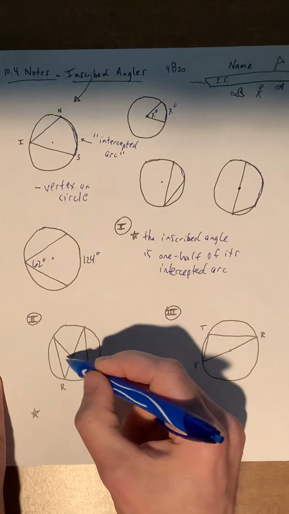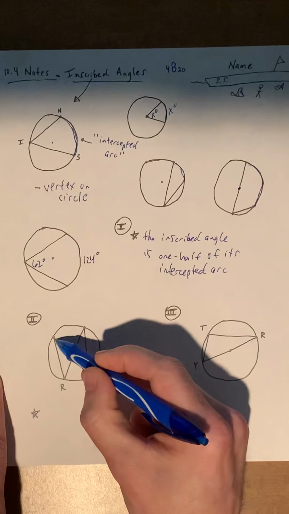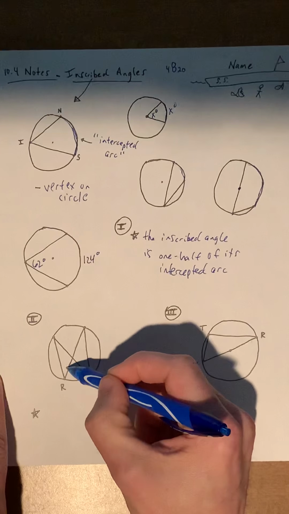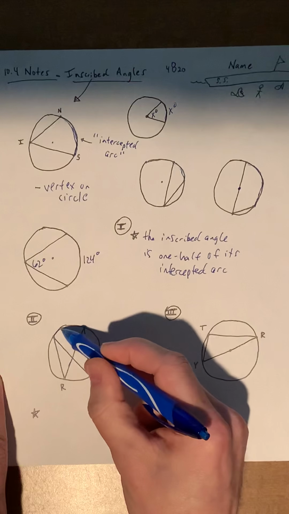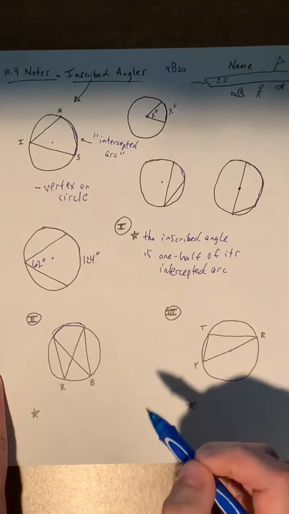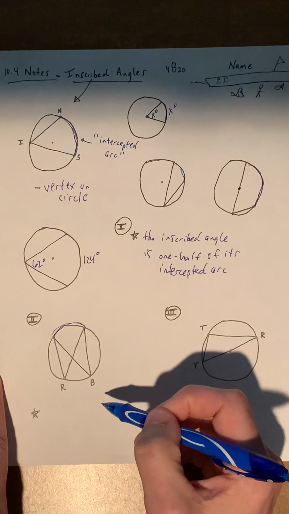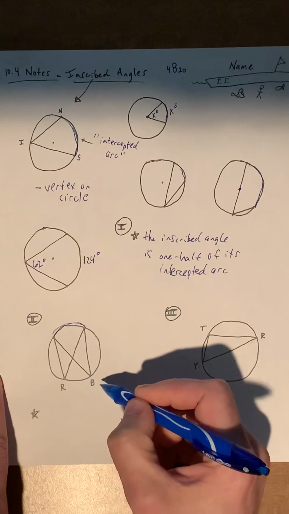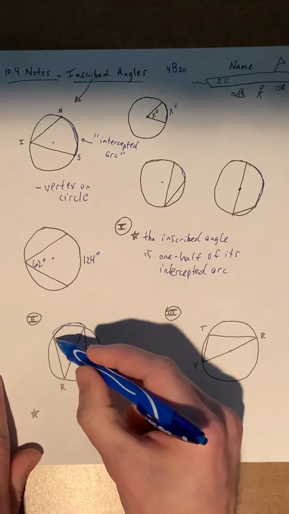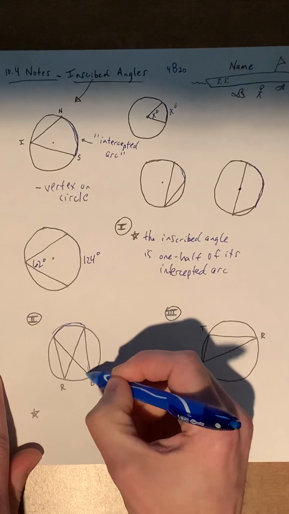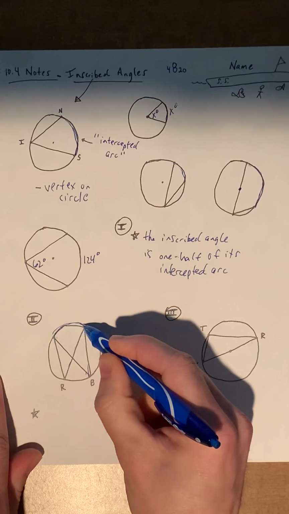Now, if you look at each of these intercepted arcs, here's angle R, inscribed angle, and the intercepted arc is right here. Well, if you look at inscribed angle B, right here, it has the same intercepted arc.